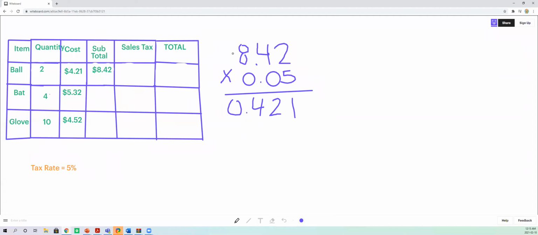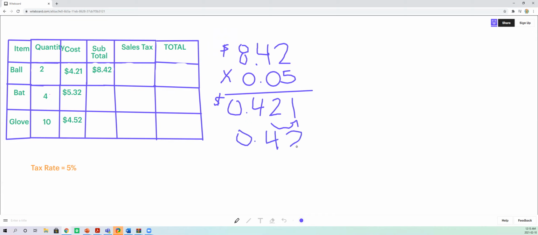Okay, so we've taken that subtotal of 8.42 and we've multiplied it by 0.05, which is our tax rate converted into a decimal, and we come up with the number 0.421. Again, we're not just going to leave this as is. We're just going to look over to the right and we see that we can keep this as 42 cents.